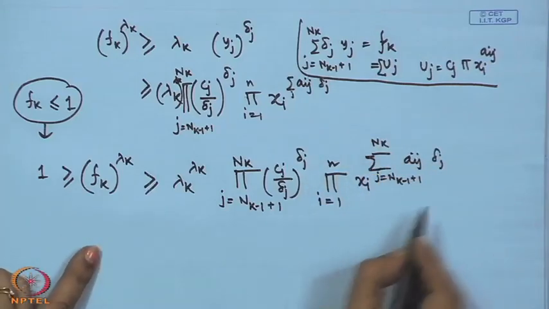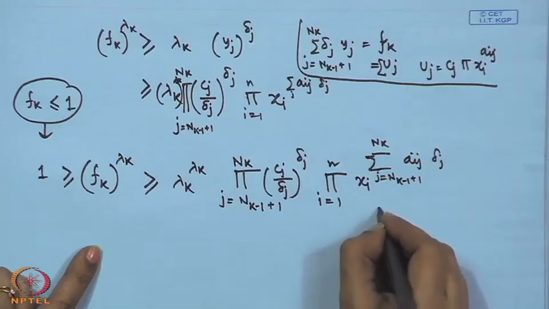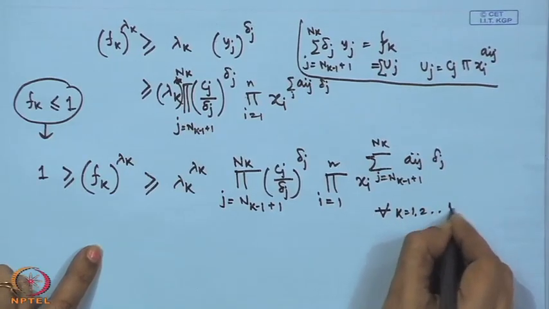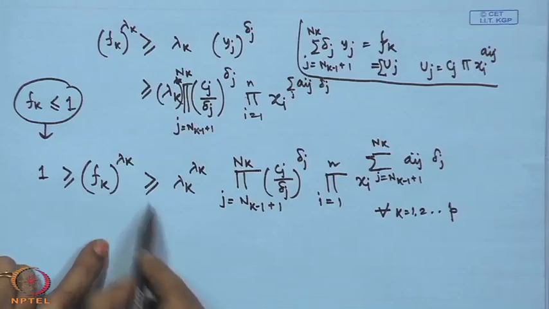This inequation we will get for all k's, where k is from 1 to p. That is why we will have p number of inequations.